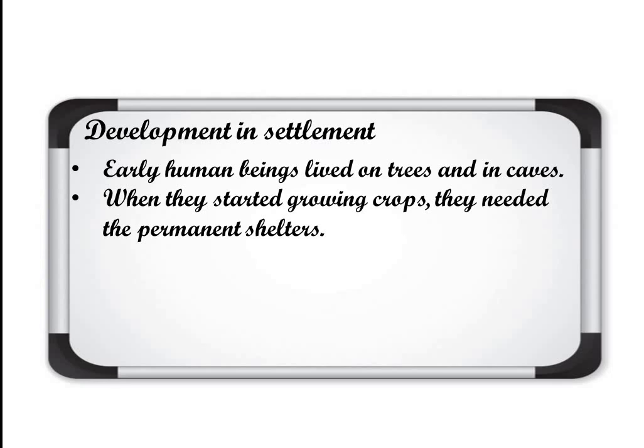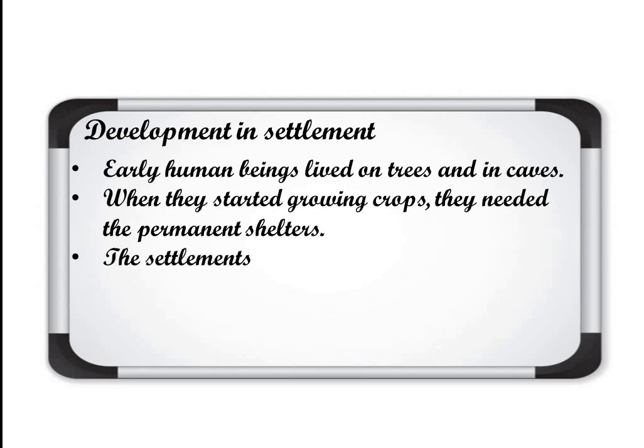They were hunter gatherers only, spending their life on the trees and in caves. According to the seasons, they were moving from one place to another. But as they started growing crops, they needed permanent shelters, because they needed to take care of their plants or crops there. That's why they started living in permanent shelters.